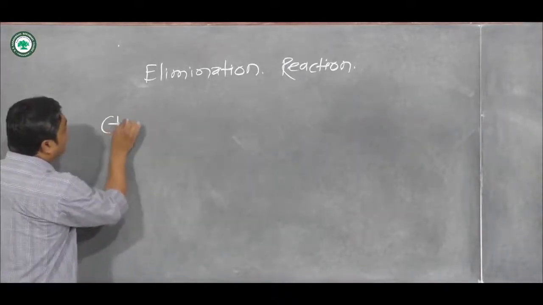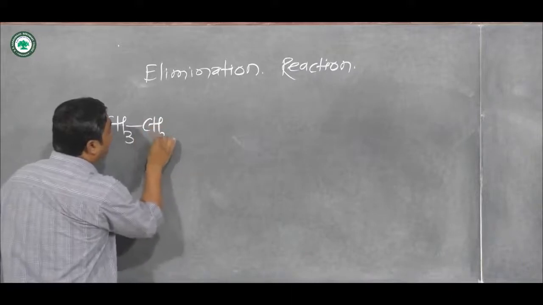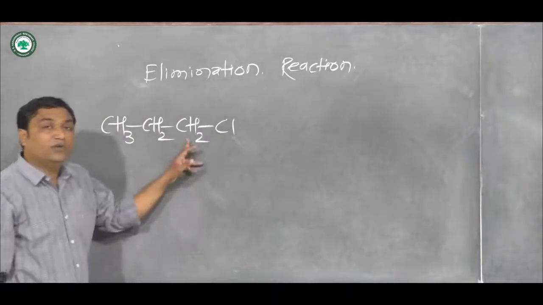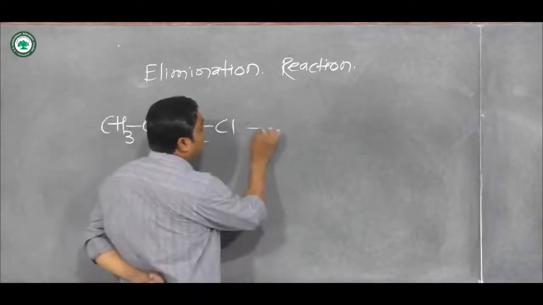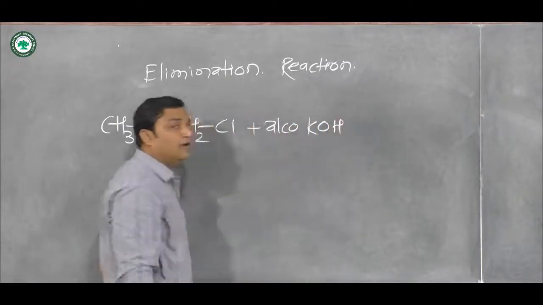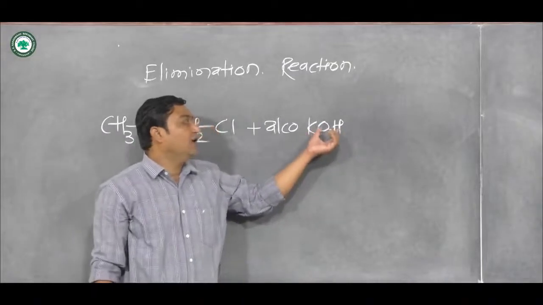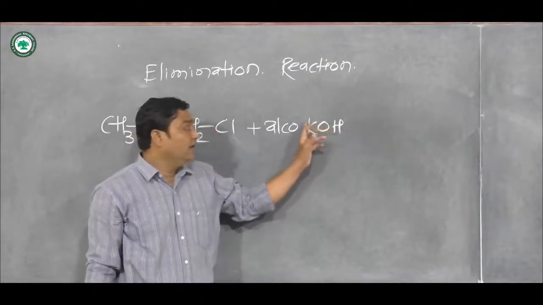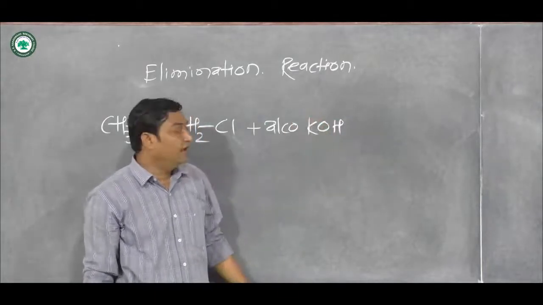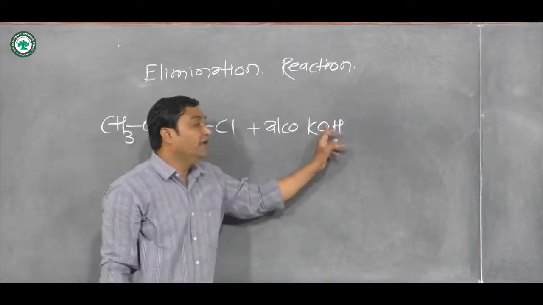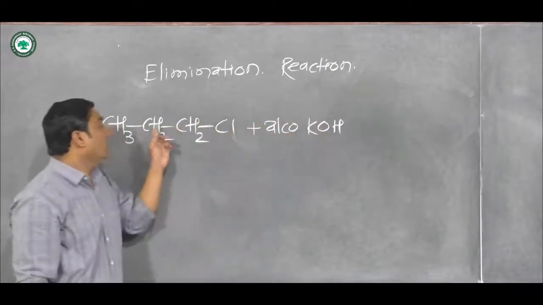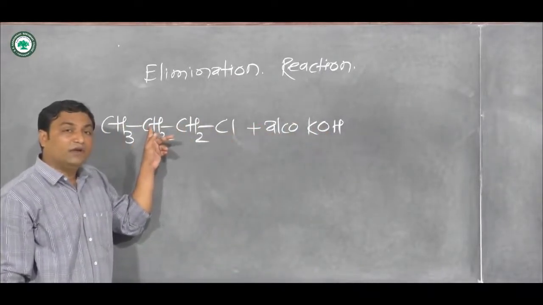When n-propyl chloride is treated with alcoholic KOH, we know that the OH negative present in this alcoholic KOH acts as a nucleophile, and this nucleophile in this example will prefer to attack the beta hydrogen atom.